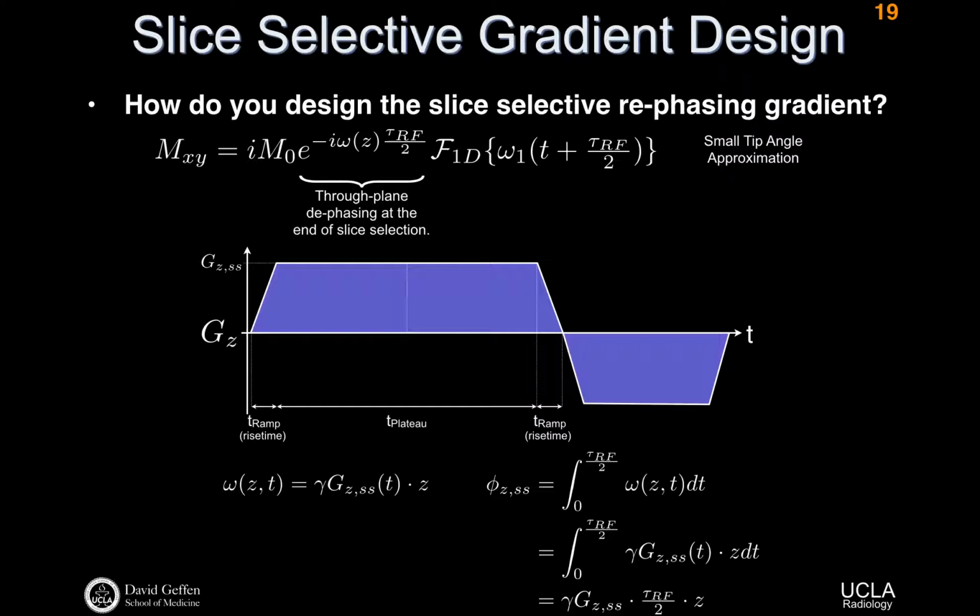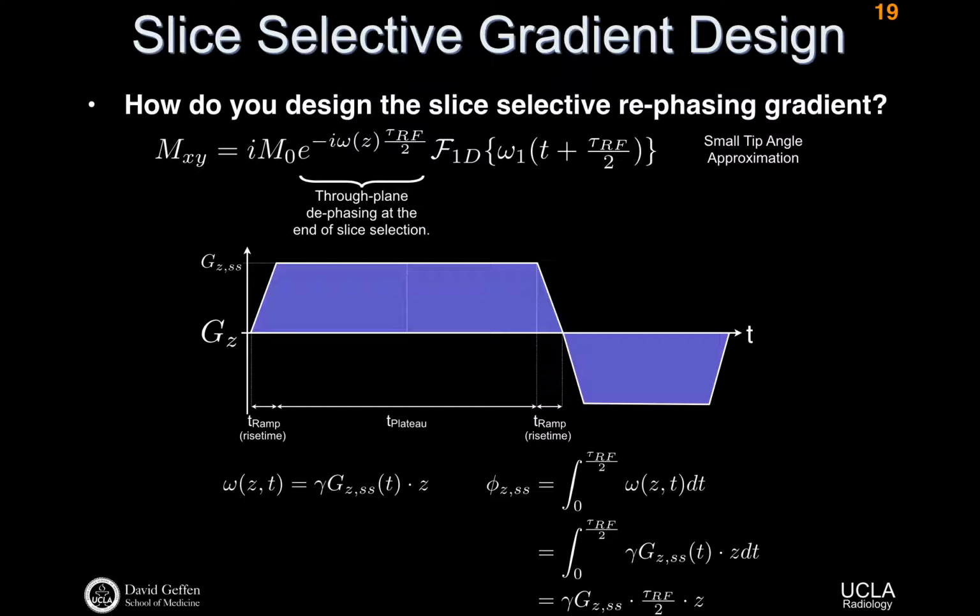And we can integrate this frequency function to tell us something about the phase. If we integrate that frequency from 0 to tau RF over 2, which is from the middle of this slice until the end of this slice, it tells us about the amplitude and time of the gradient pulse that we need to use for rephasing. So this term contributes this total phase dispersion.